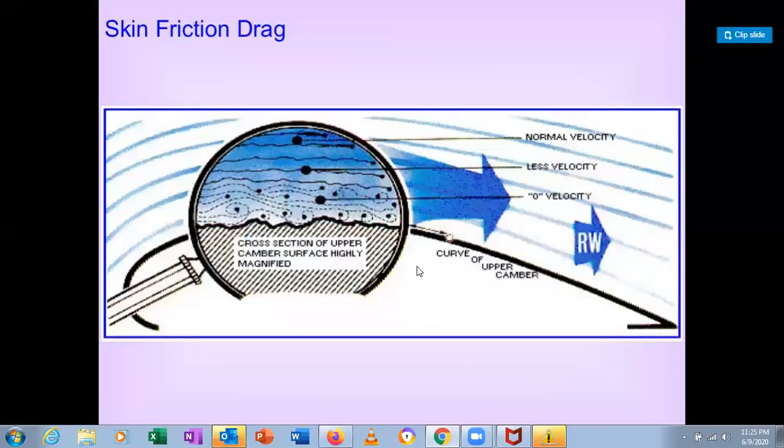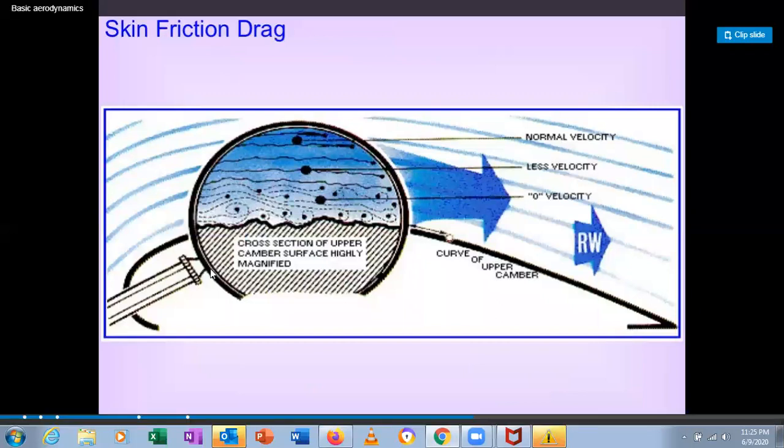Skin friction drag is the drag due to the skin of the aircraft. If the surface is not smooth, turbulence will be higher. When air flows over it, there will be friction, which reduces the velocity. On a curved upper camber, friction and turbulence will be higher.